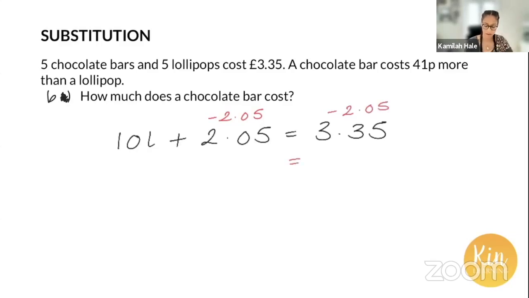So then I get £1.30 on this side, and I have 10L on the left-hand side. Now I get rid of the 10 and I divide both sides by 10. So L equals 13 pence.